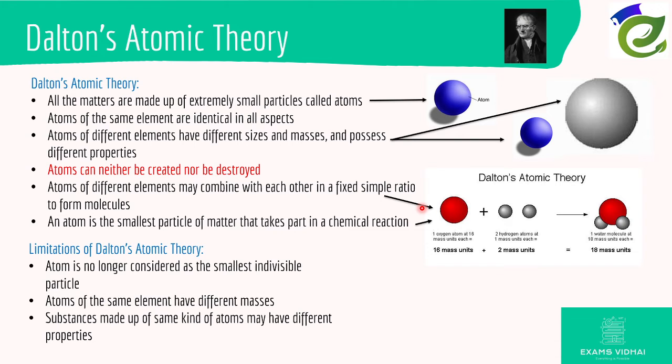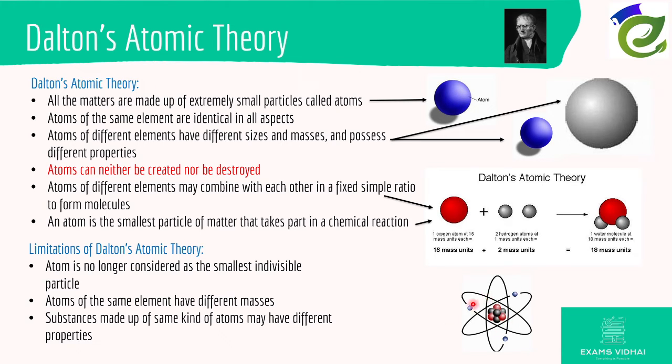The limitations of Dalton's theory is more or less the demerits of Dalton's theory. So, atom is no longer the smallest individual particle. Inside an atom, you'll find this orbital structure that you might see in various textbooks and various internet sources, that you have these small balls going around this core that is made out of two different colors, right?